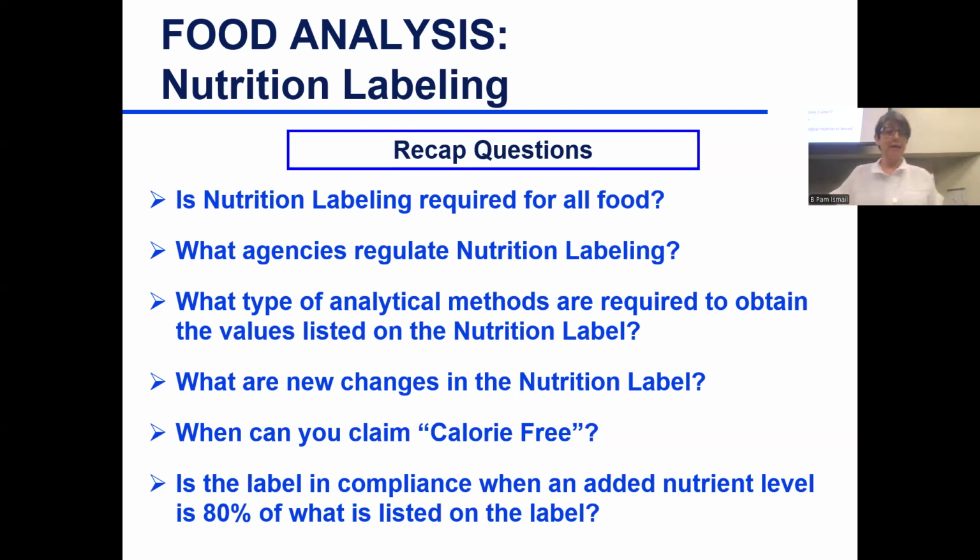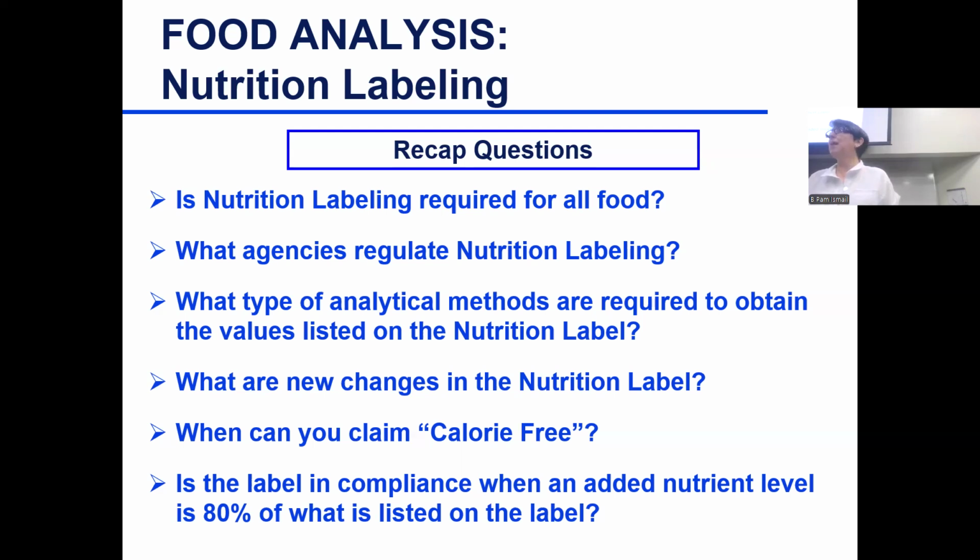What type of analytical method? This is a common question I ask in a quiz or an exam, and a lot of students don't know what I'm asking about. What type of analytical methods are required to obtain the values listed on the nutrition label? We talked about categories, types of methods last time.